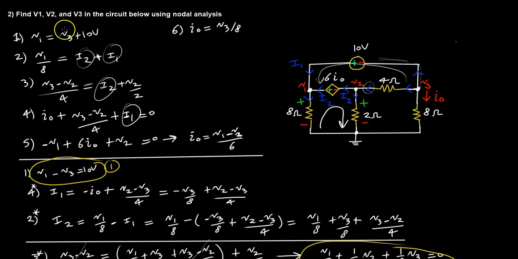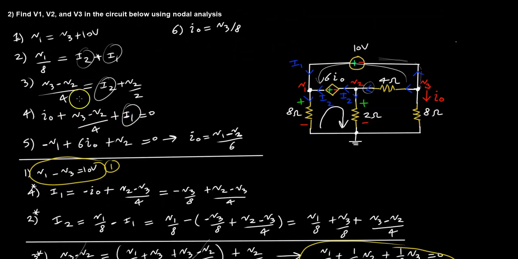For the first equation, it's very simple. We simply put everything in terms of a coefficient times V1, a coefficient times V3, equal to some source value. Then we take equation 4 and solve for I1, because remember we have to eliminate I1, I2, as well as I0.